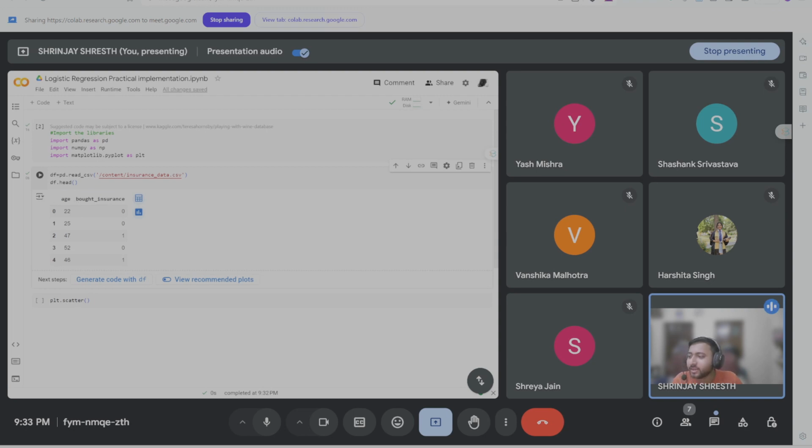Based on this age, whether the person has bought that insurance or not is dependent. इस factor पे depend कर रहा है age पे. तो intuitively the x axis would have the ages, right? The x axis will have this df.age, comma, in y axis I want to have df.bought_insurance.